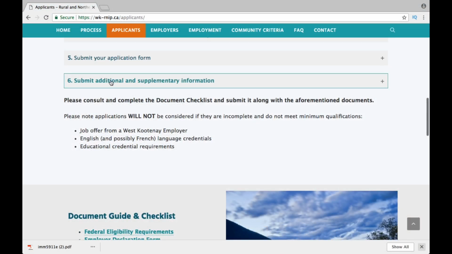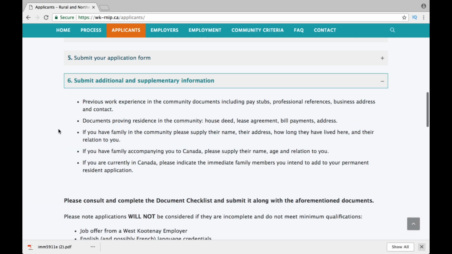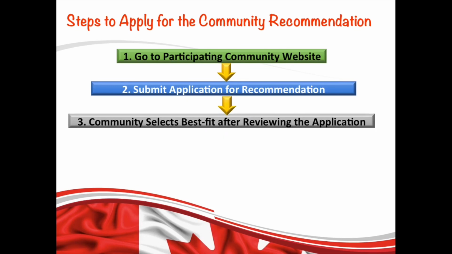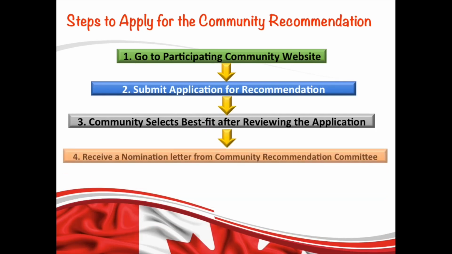Now, step number 6 applies to those who have been living or have lived in this community. And once you submit your application with the documents, then it will be reviewed by the recommendation committee, and if you meet the requirements of RNIP, you will be given a nomination letter from the community recommendation committee through email.